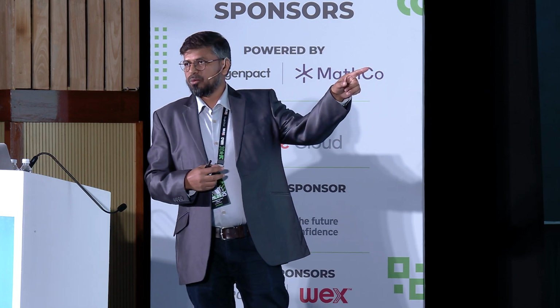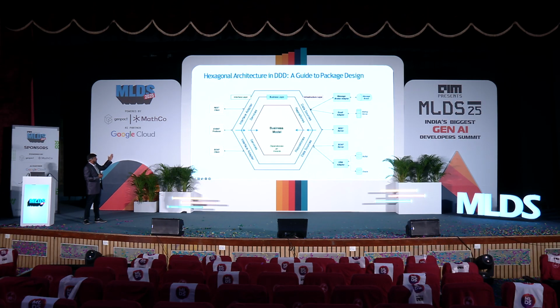On top of that, on the left side is an interface layer and an infrastructure layer to connect with your database, Kafka or event streaming platform, cloud services, or whatever it may be. The idea behind this is that all your business logic should go inside your domain model, right?